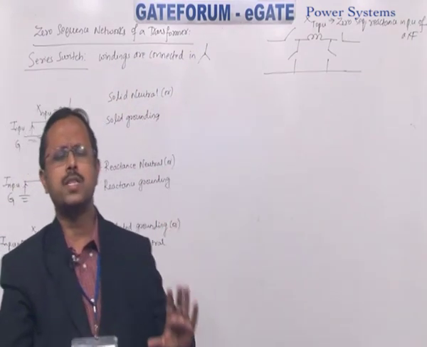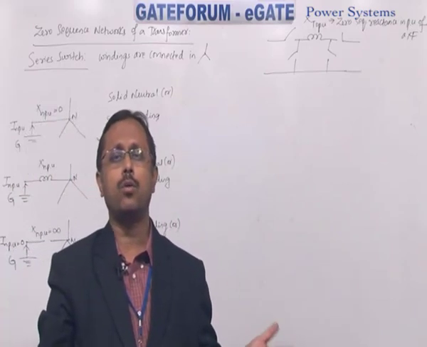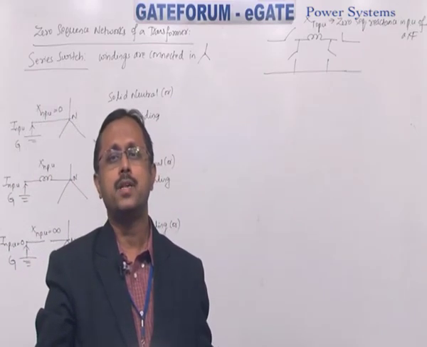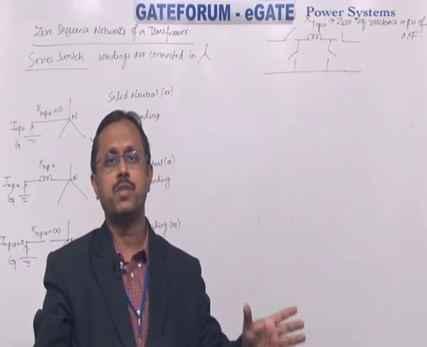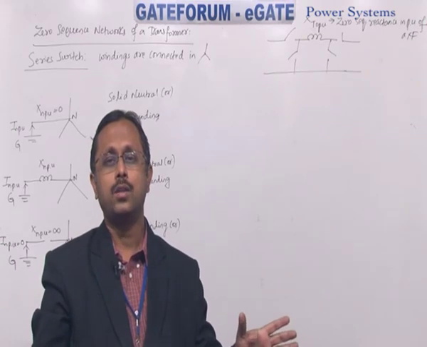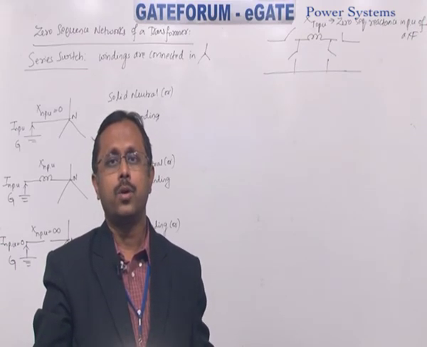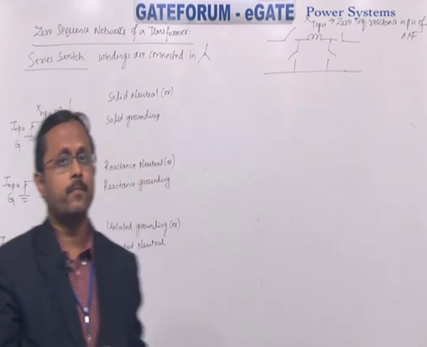Then what to do with those series switches? Either you close or open. It depends on the neutral to ground connection. So whether you open the series switch or close the series switch, it depends on the neutral to ground connection.